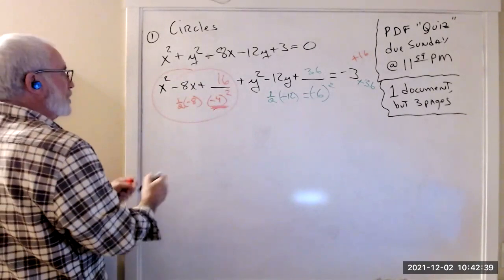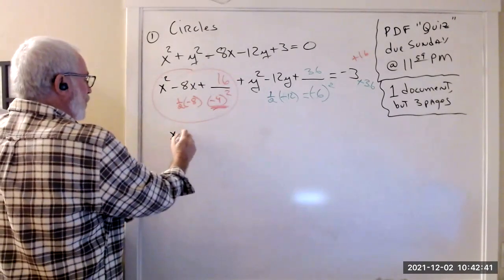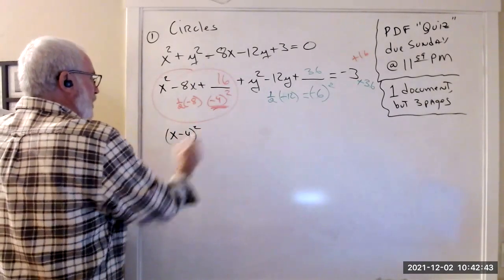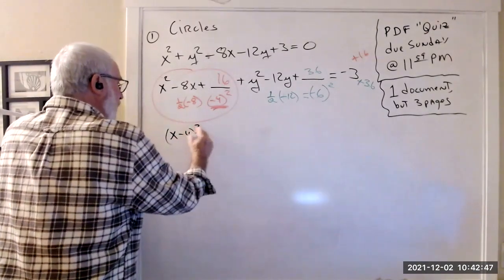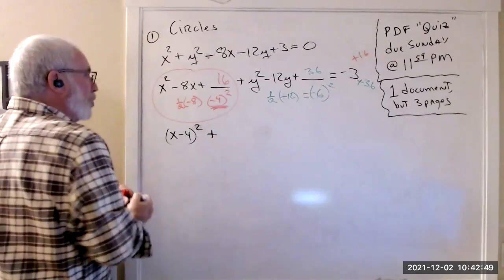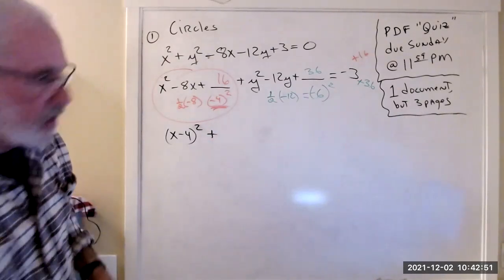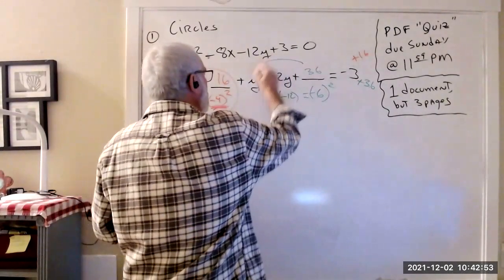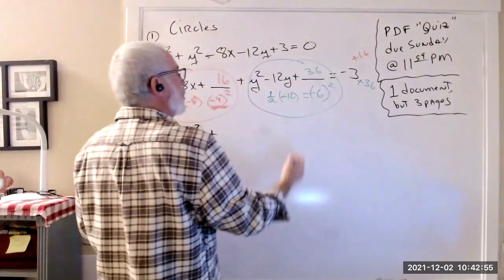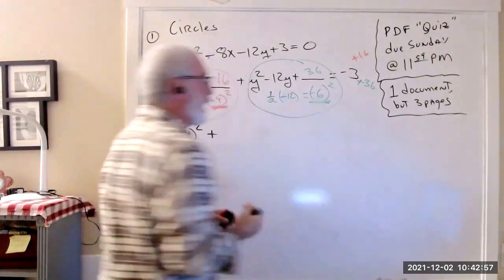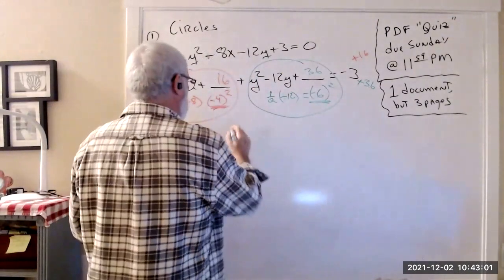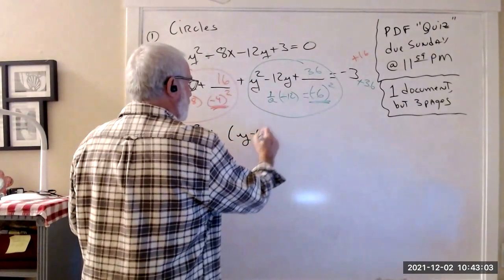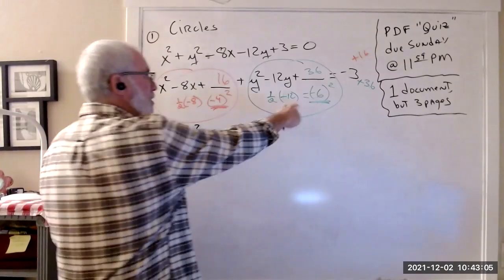So this quantity will become x minus 4 quantity squared. Okay, plus we factor this quantity. Okay, again, it will factor using that number. So that will become y minus 6 quantity squared.